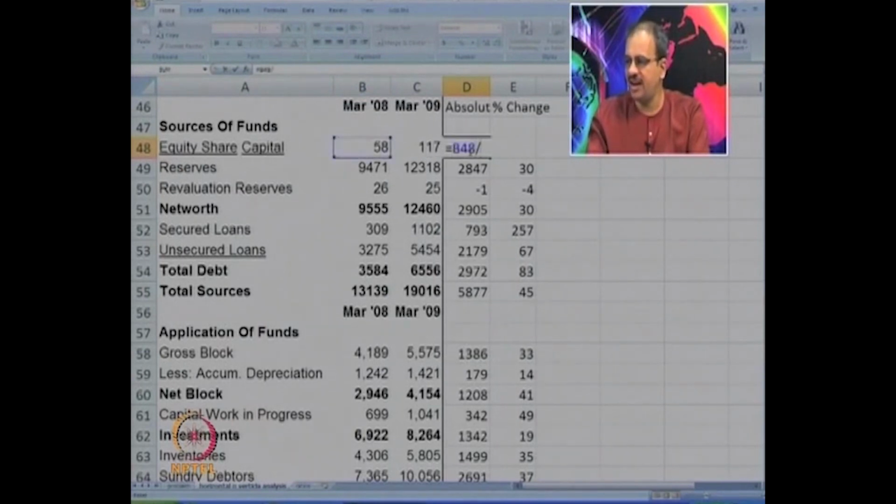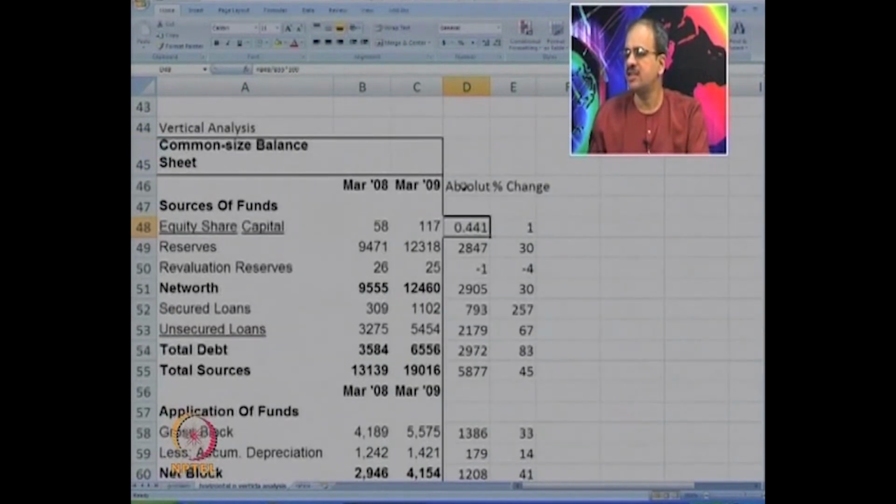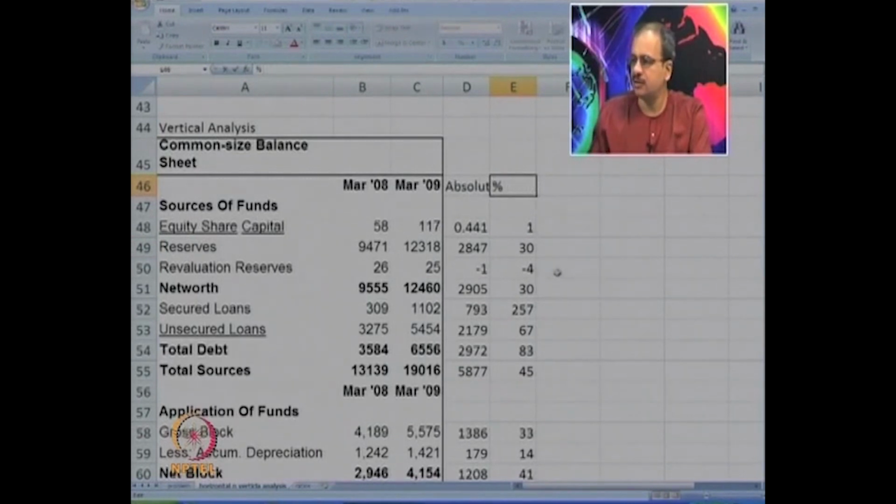So this 58 divided by the total sources, and usually we will multiply by 100 so that we get a percentage figure. So there is nothing like absolute and percentage change now. Instead of that, we will simply have percentage figures for both the years.